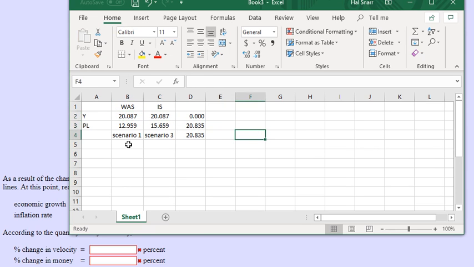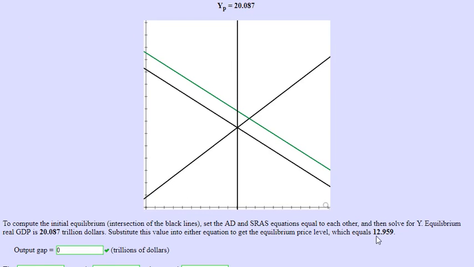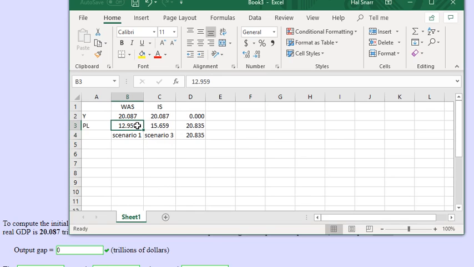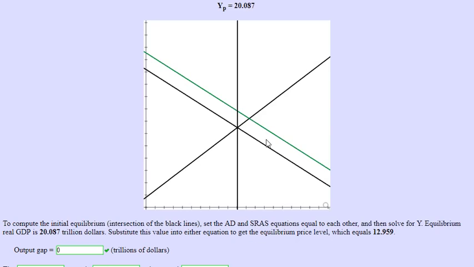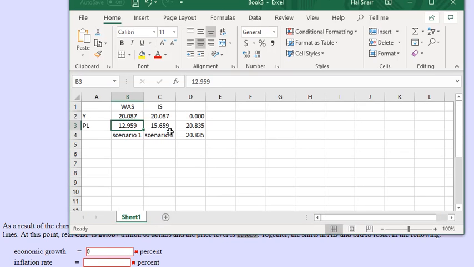Okay, so from scenario 1, right here, where the price level is 12.959, to scenario 3, where the price level is 15.659 up here, we have a lot of inflation.